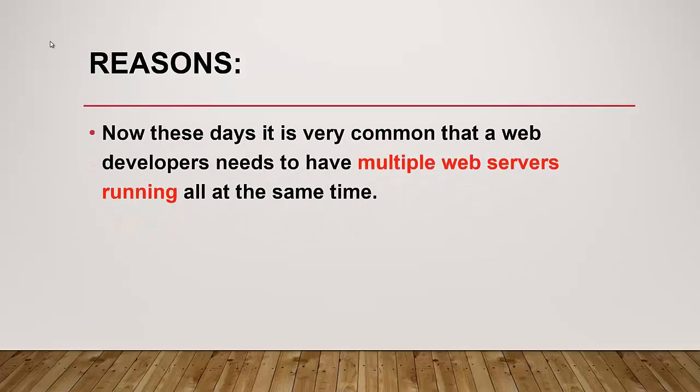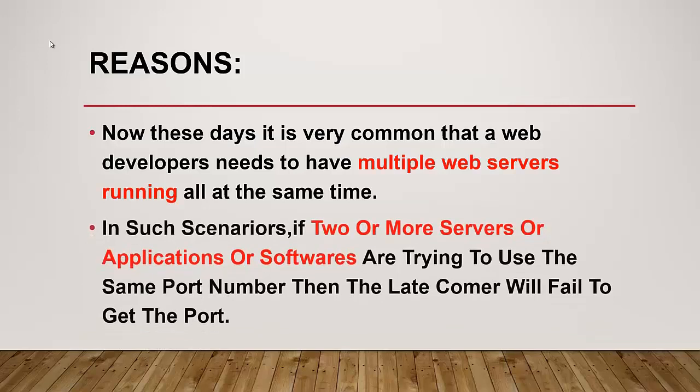These days, it is very common that a web developer needs to have multiple web servers running at the same time. In such a scenario, if two or more servers or applications or software are trying to use the same port number, then the latecomer will fail to get the port.